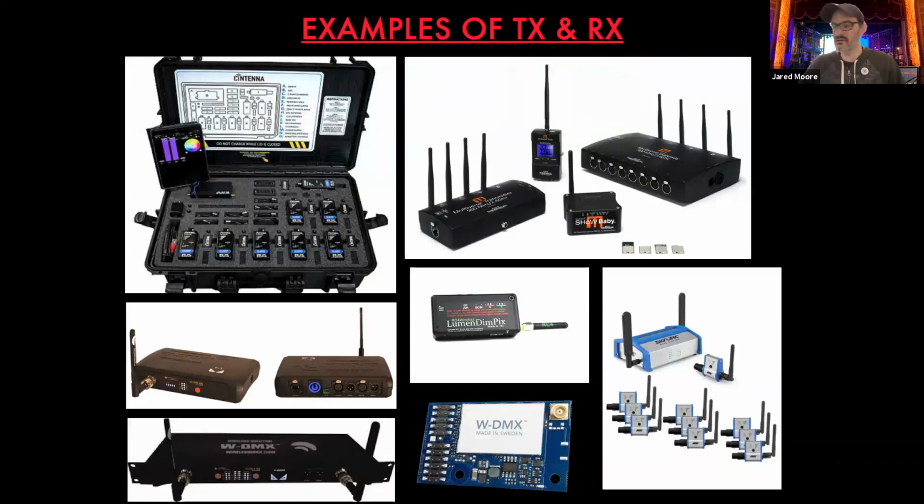Here are some common examples of transmitters and receivers that you could see on set. Like I was talking about, there's the Rat Pack, Centena, and AKS, and a lot of us in the industry are familiar with these as a kind of standard. Wireless Solutions, WDMX, has a full range of gear. Here's the Black Box, which is a transmitter and receiver, and also their rack-mountable Pro Box.